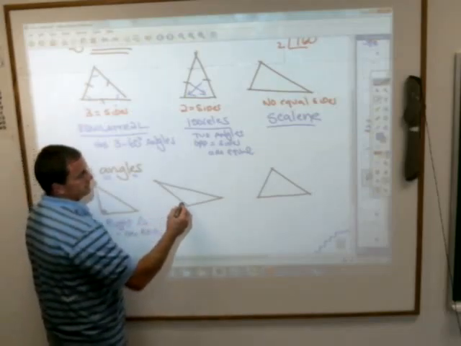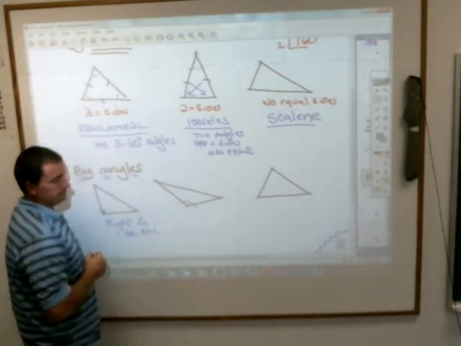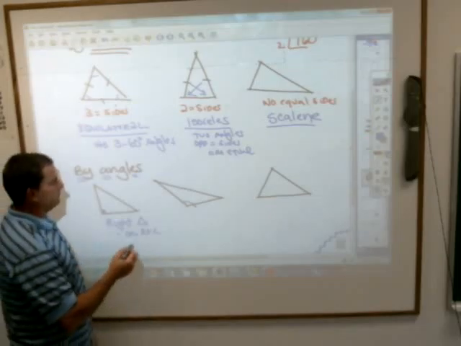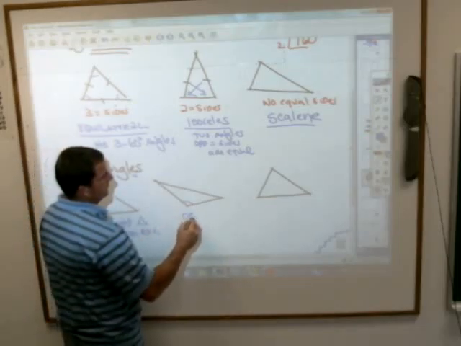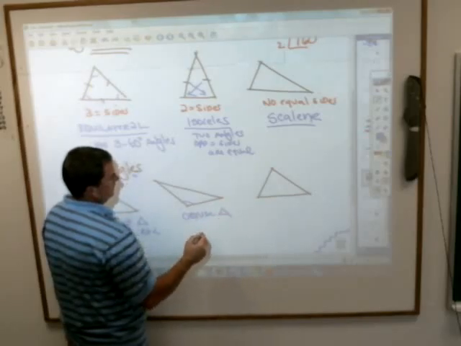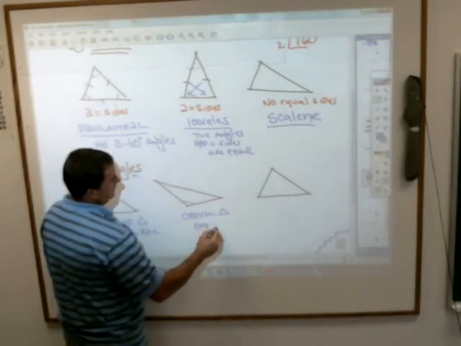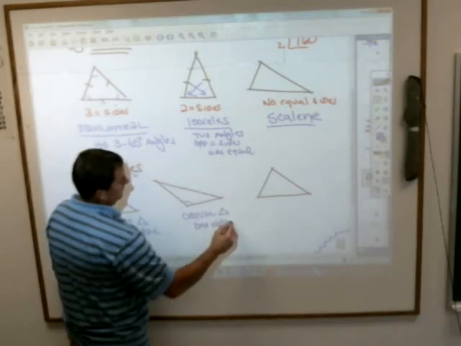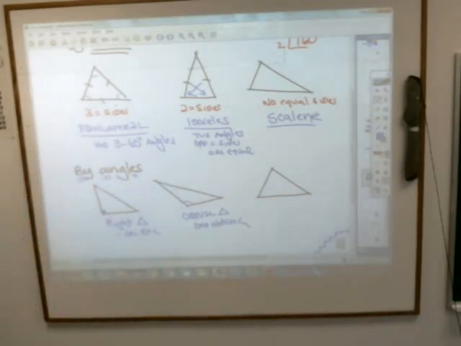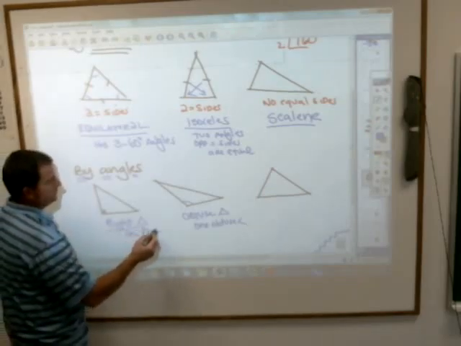This one here has a big angle in it, and that one would be called, Nicole? Very good, an obtuse triangle. And the third one has all small angles in it.